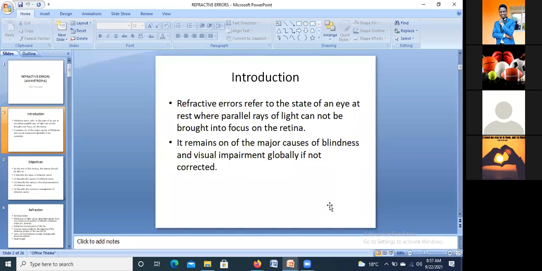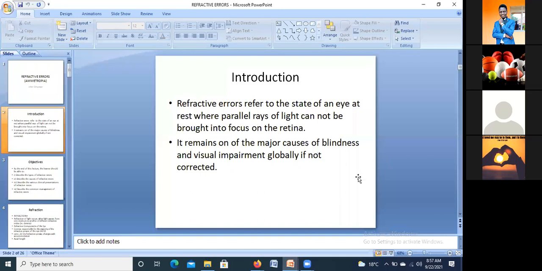And refractive errors is actually one of the leading causes of visual impairment. Actually, it's the first cause of visual impairment globally, affecting very many people. And of course, it is also a cause of blindness in a number of people.